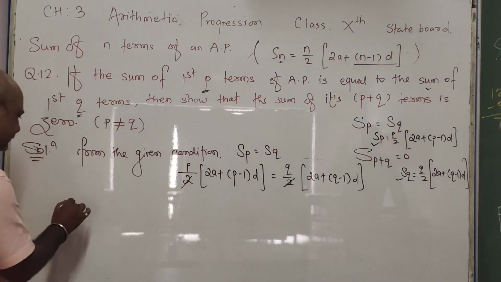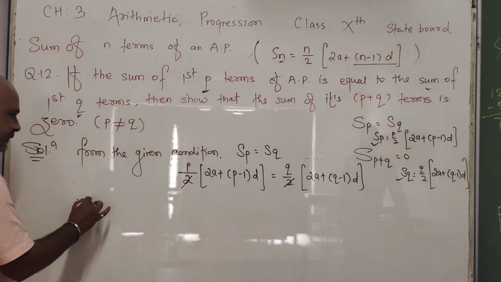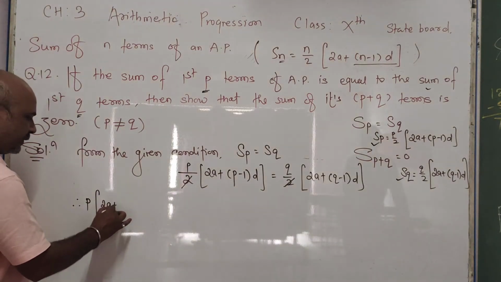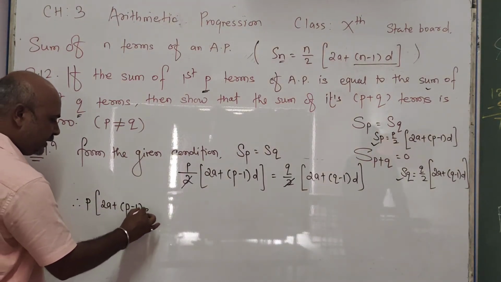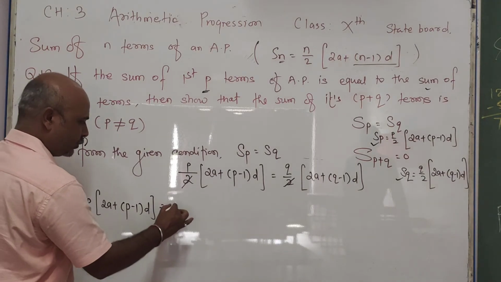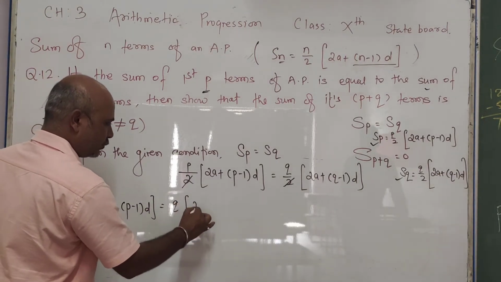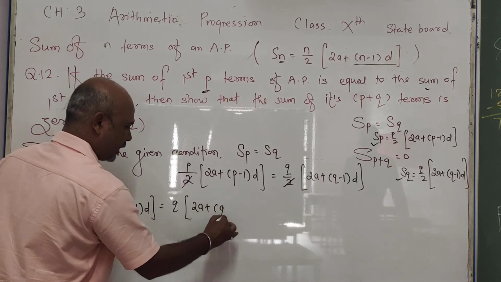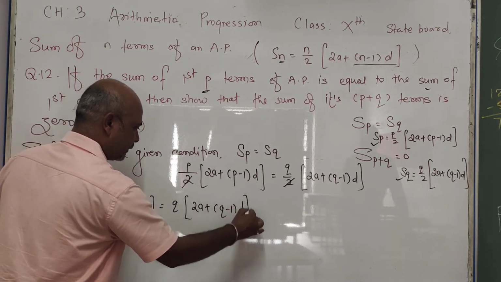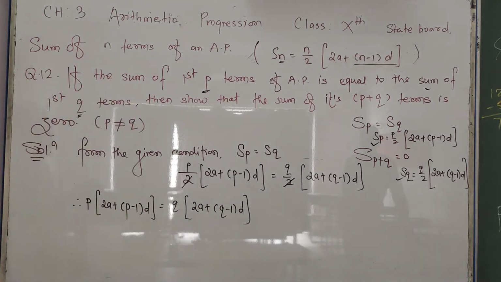Therefore you will get p times 2a plus p minus 1 into d, and this is equal to q times 2a plus q minus 1 into d.